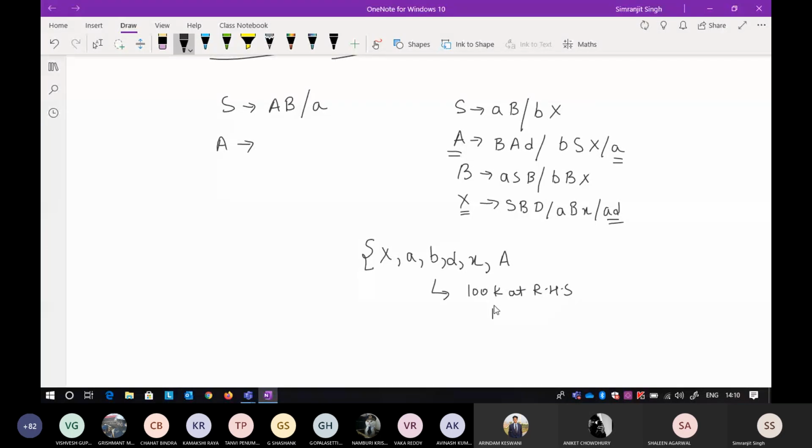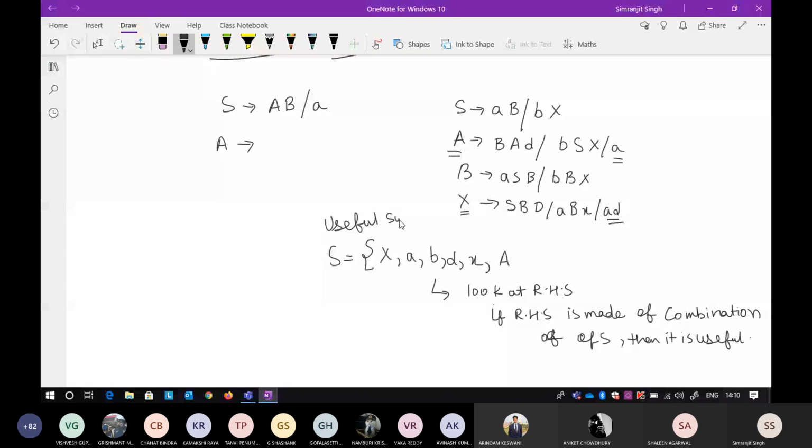If any production's RHS is made from a combination of symbols in this set, I call this set S, because these are all useful symbols, then it is useful. You have to keep it, otherwise just neglect it or delete that part. So this set S is the set of your useful symbols.